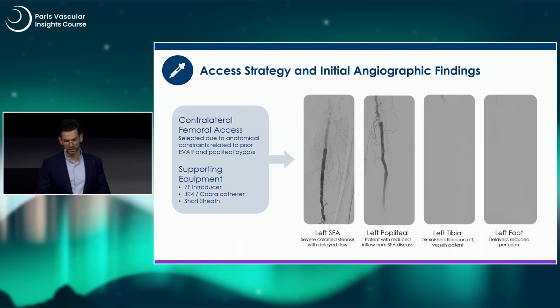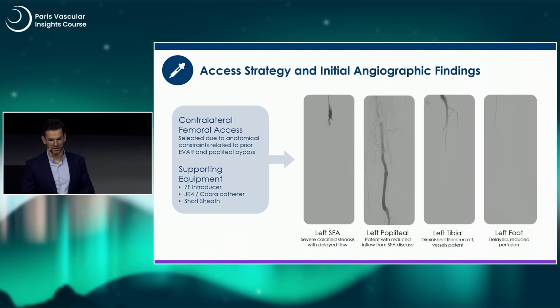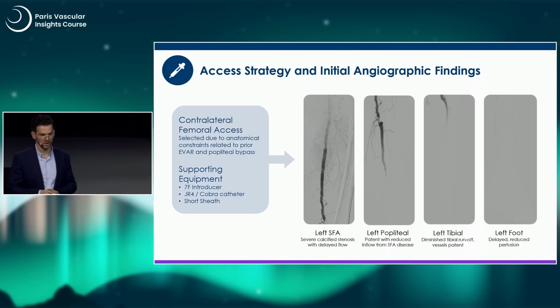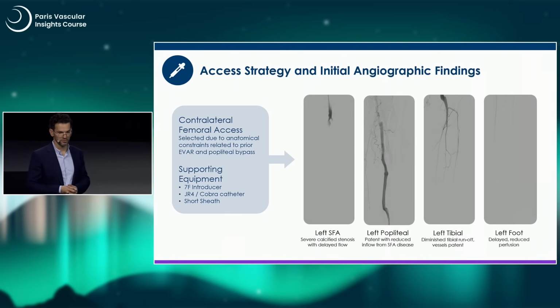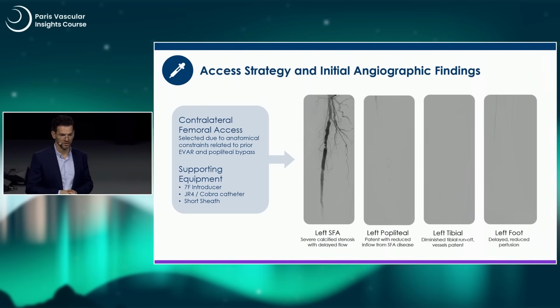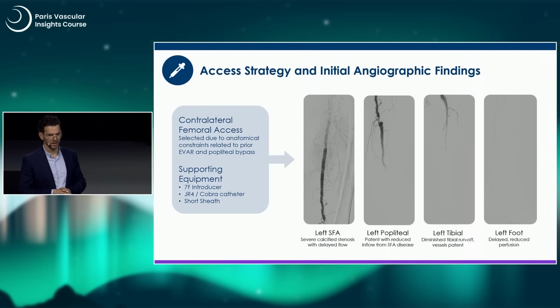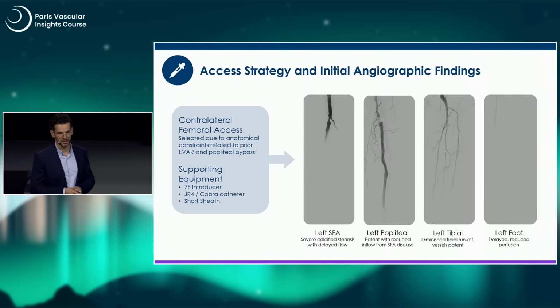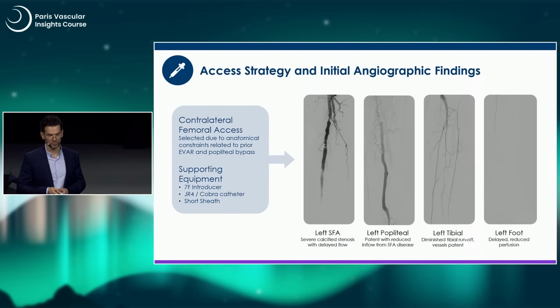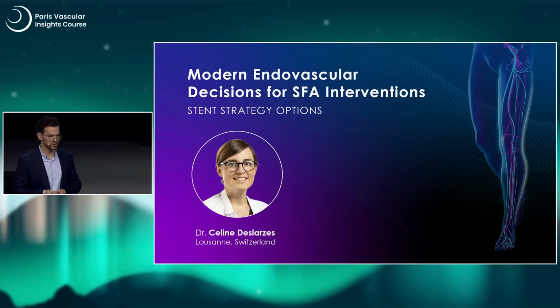Not too bad runoff with 3 patent vessels, only mild stenosis of the proximal ATA, and a good runoff to the foot. So our strategy was to go directly with a 7-French sheath, because we never know, and then using a Corbacat to cross and to access the proximal SFA.